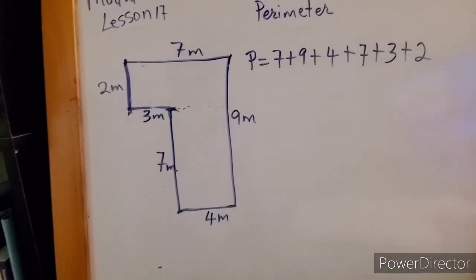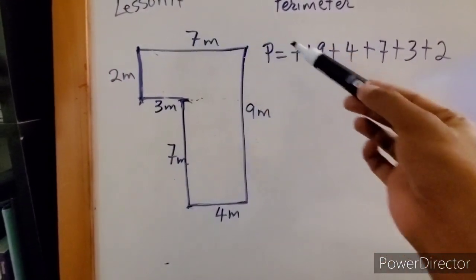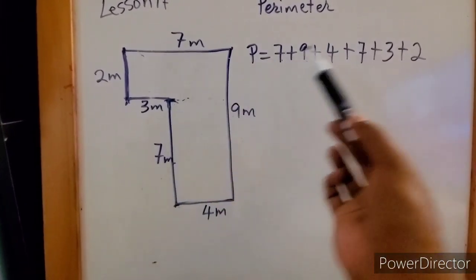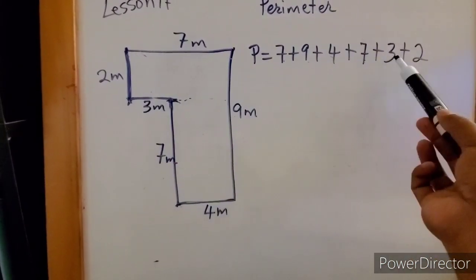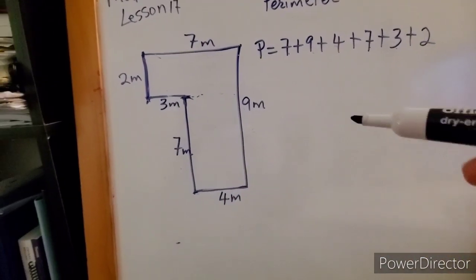So let's go ahead and see if we identify all the sides. 7 plus 9 plus 4 plus 7 plus 3 plus 2. Yes, we have identified all.